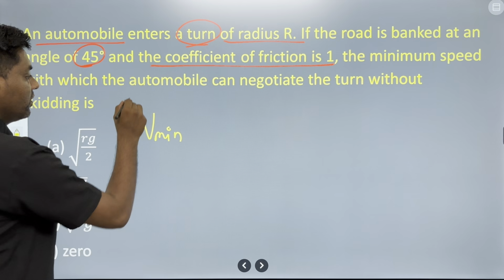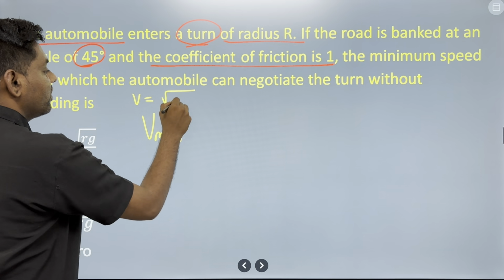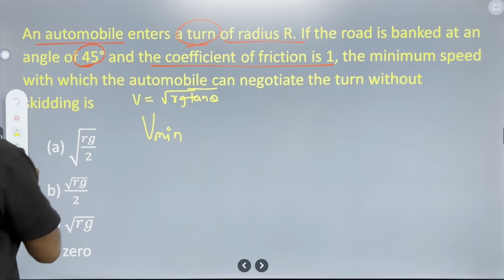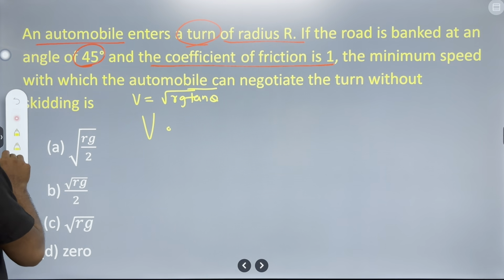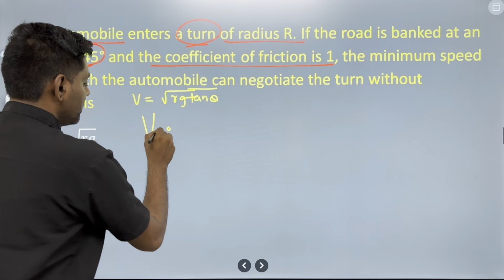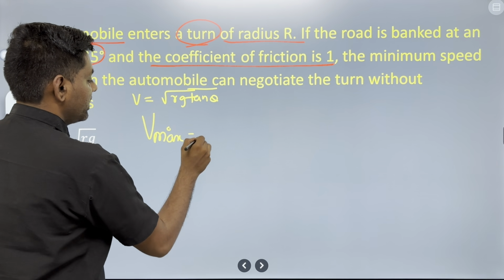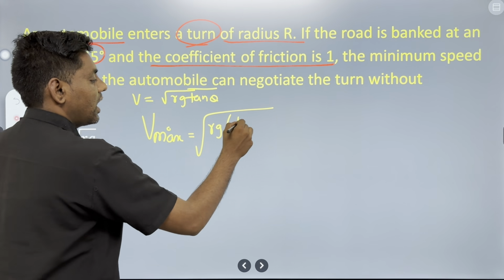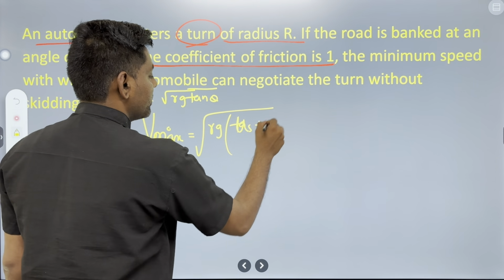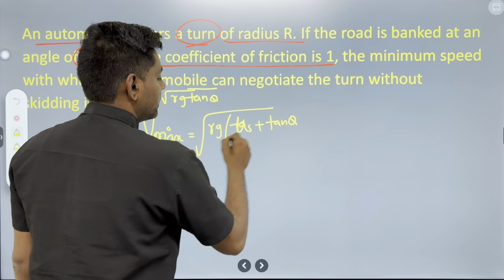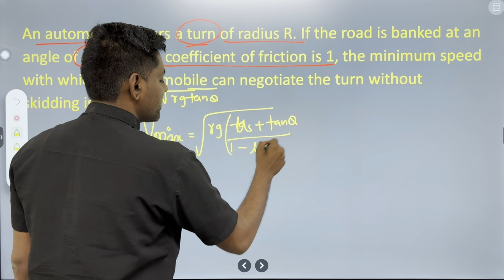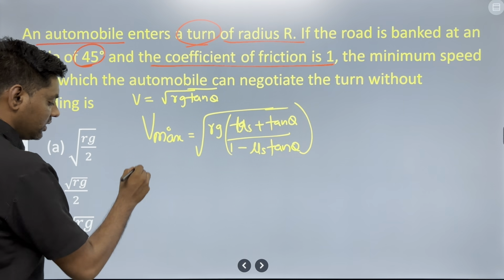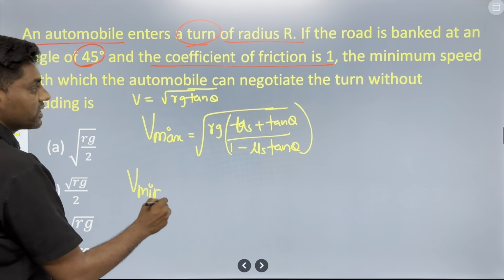First formula, v equals under root of r g tan theta. Second formula you have to remember is for maximum safe speed limit, that is root of r g times mu s plus tan theta divided by 1 minus mu s into tan theta. And remember the last formula, the minimum safe speed required.